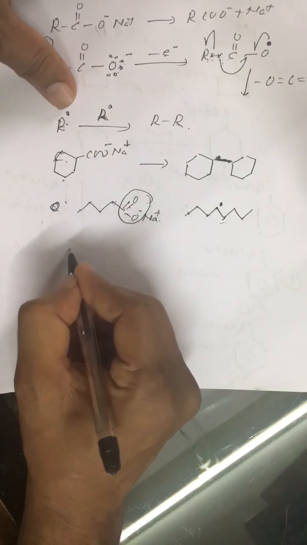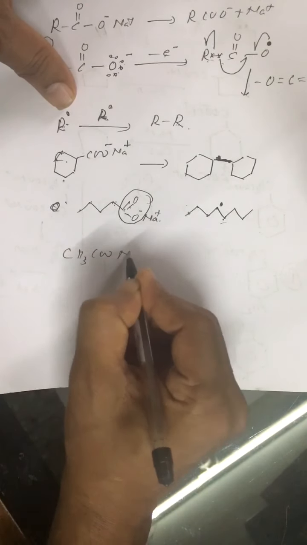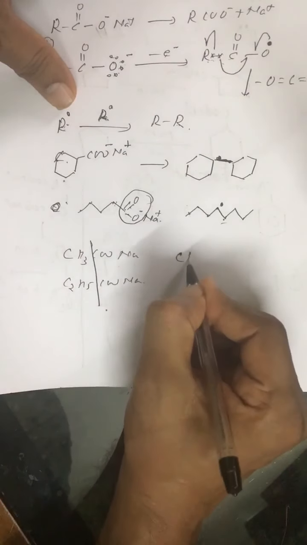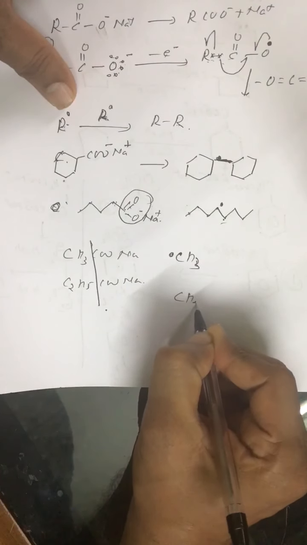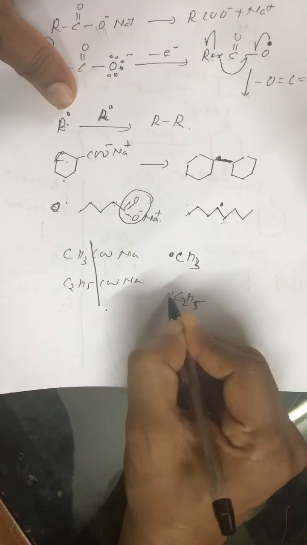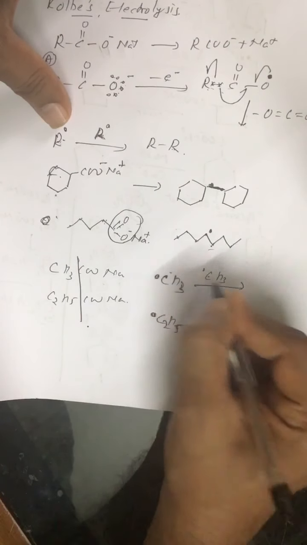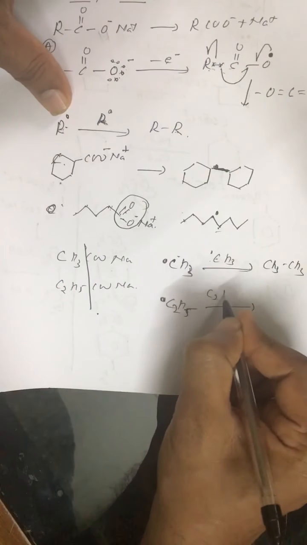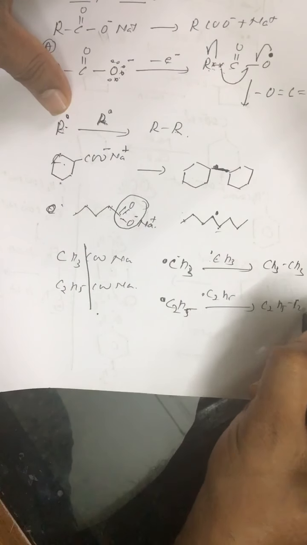And if we use two different salts, like sodium ethanoate and sodium propanoate, this is the CH3 and this is the C2H5 group. Now you can add two CH3 free radicals and make ethane, or you can add two ethyl free radicals and prepare butane.